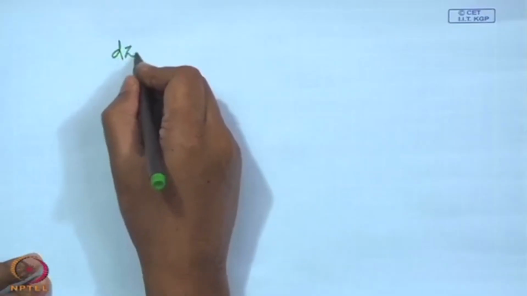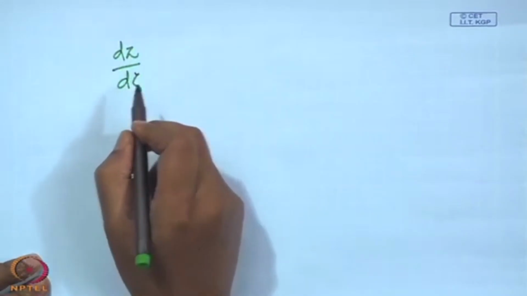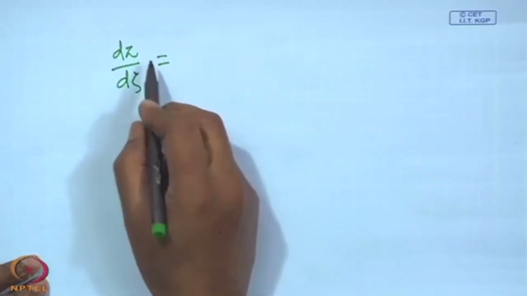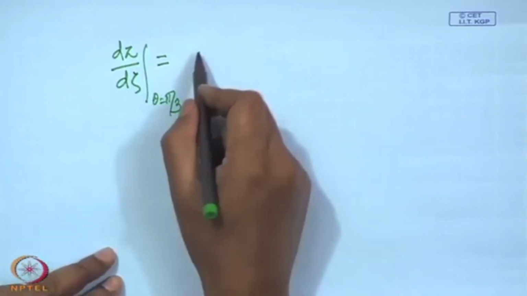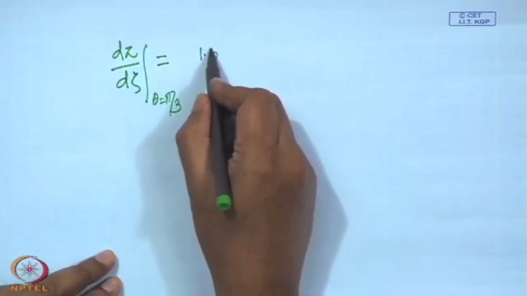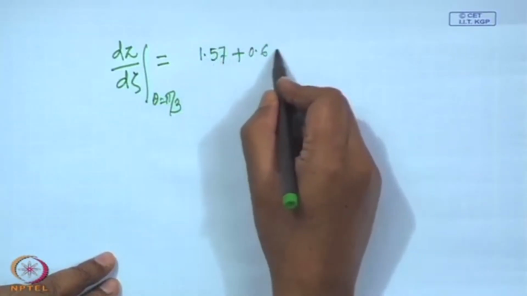I will just give you the final result for dz by d zeta, but please check this. At theta equal to pi by 3, what I obtained is something like 1.57 plus 0.6 i.